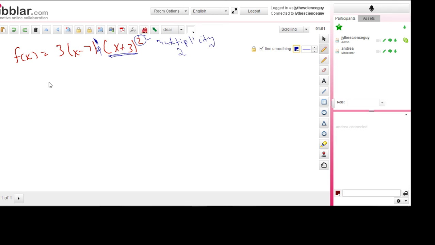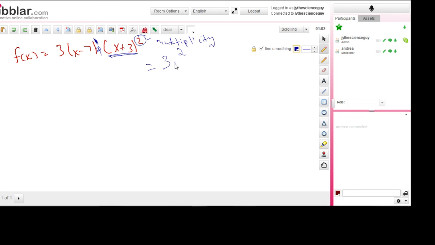Right, right. So what is the degree for that polynomial? You got to add it together. 1 plus 2 is 3. So that's the third degree, right? So if I'm looking at this, leading coefficient is positive, right?